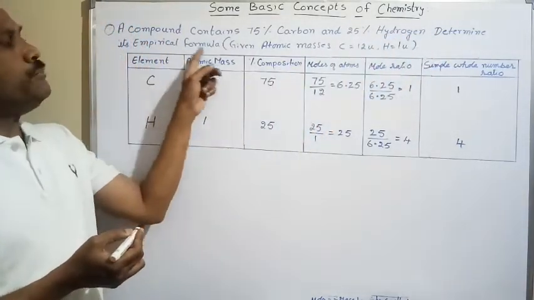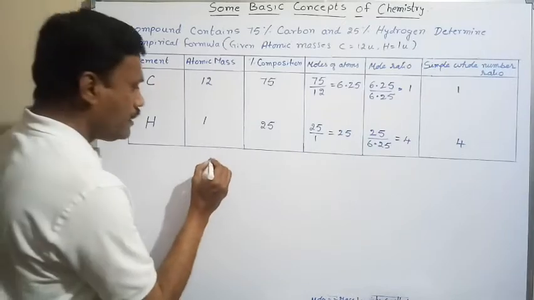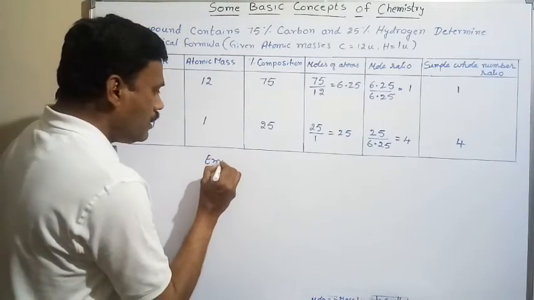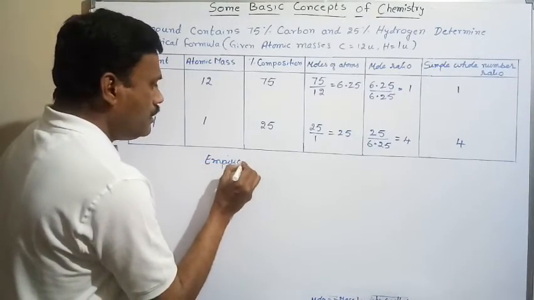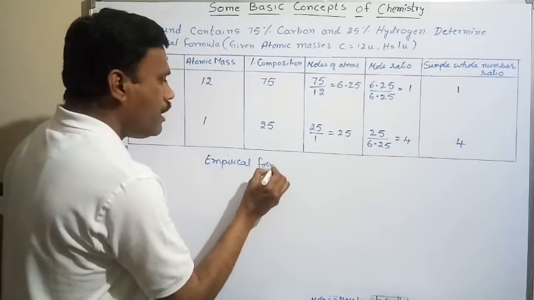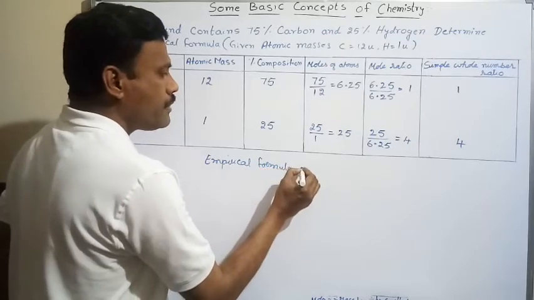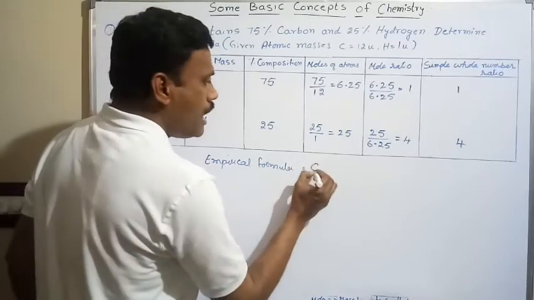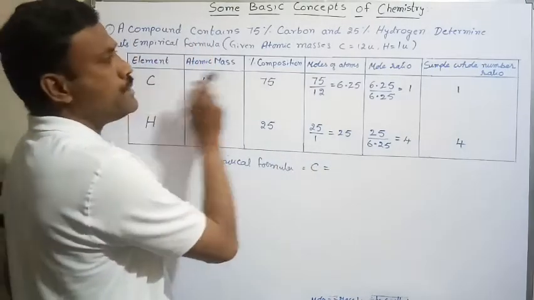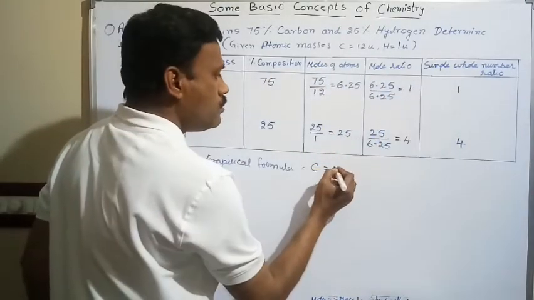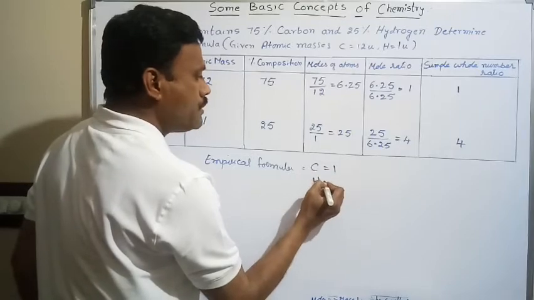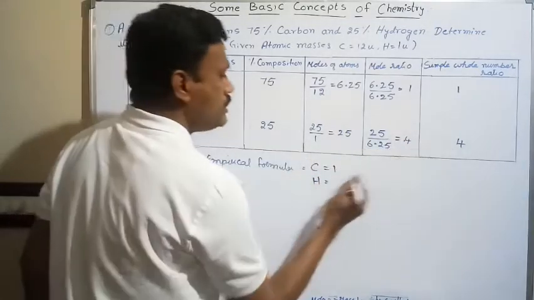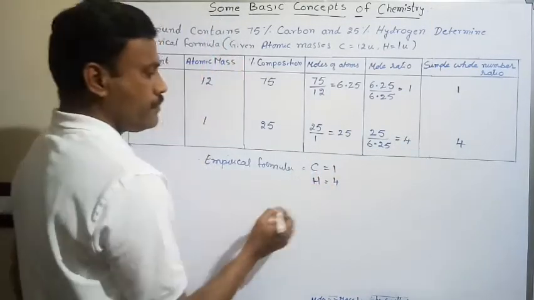We have to determine the empirical formula. For carbon, the simple whole number ratio is 1, and for hydrogen, it is 4.